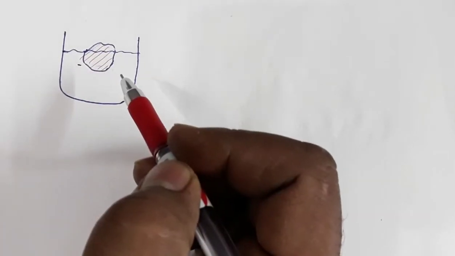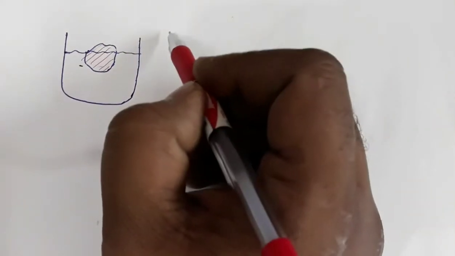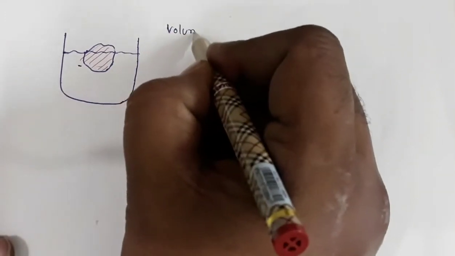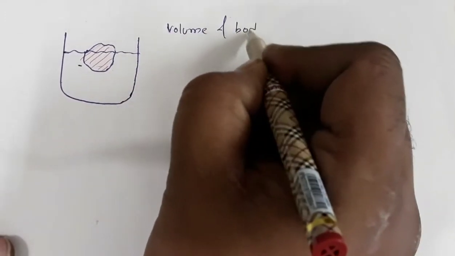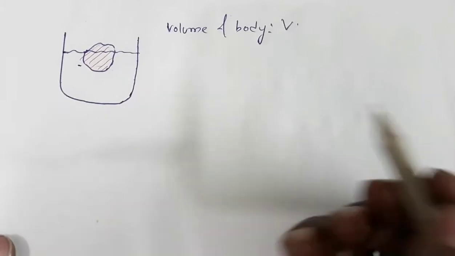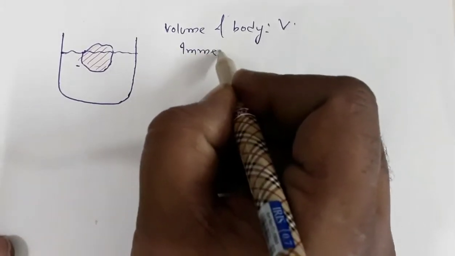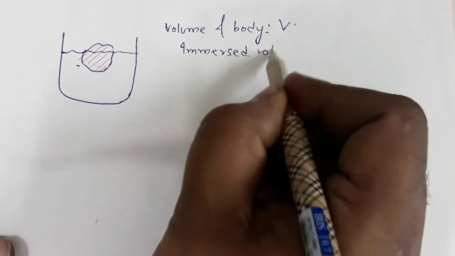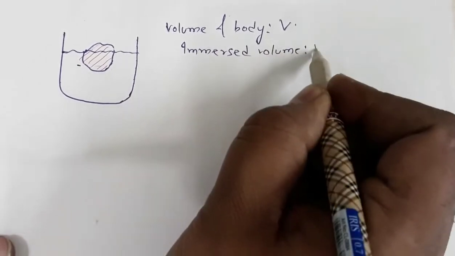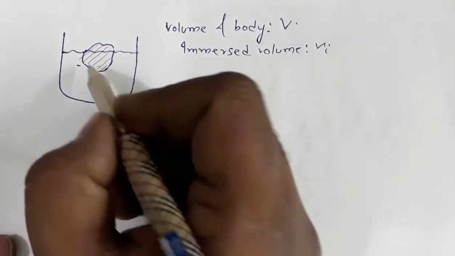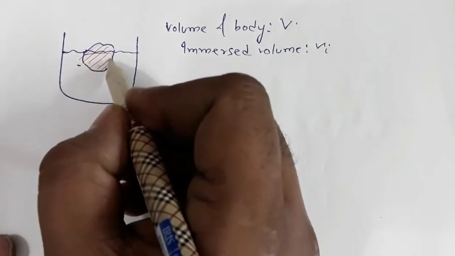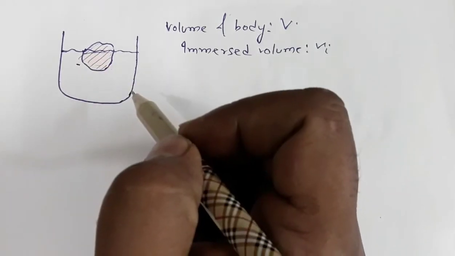Now suppose V is the volume of the body, and the immersed volume is Vi. So this is Vi, basically this part, the immersed volume.